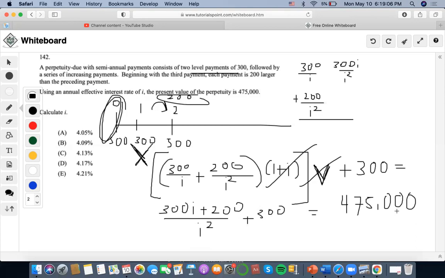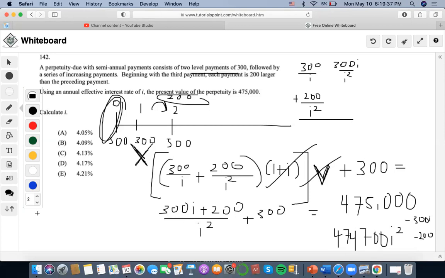Then I move this to the other side, and I'd move this to the other side. And then I'd move all of these to the other side to form a quadratic equation.